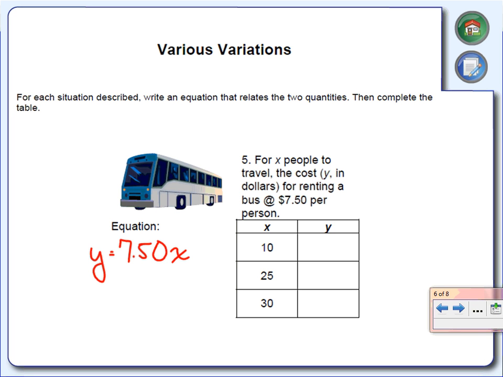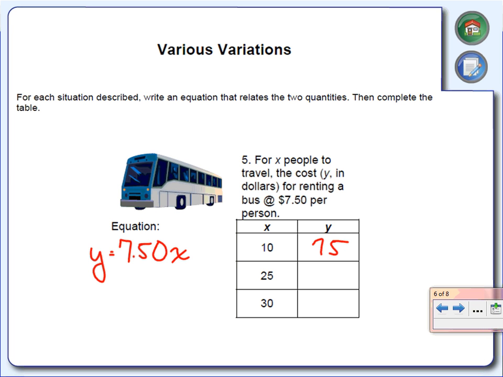So let's use this equation to fill out our table. Remember, x represents how many people are traveling. y represents how much it's going to cost. So if 10 people go, what is it going to cost? What's 7.50 times 10? 75. It's going to cost $75.